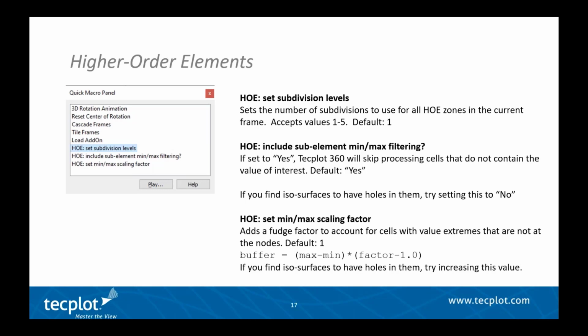If you increase that min-max scaling factor, Tecplot 360 will add a buffer to those nodal values, which will then select more cells in the data set to be subdivided to help plug some of those holes. So, a pretty important set of settings for using high order element data.